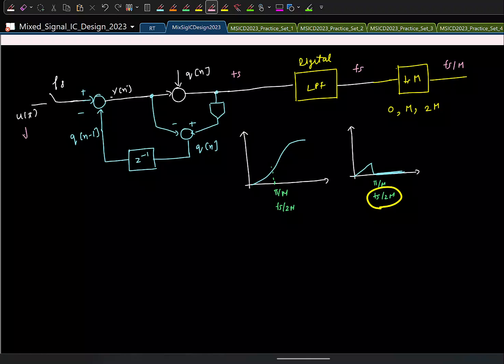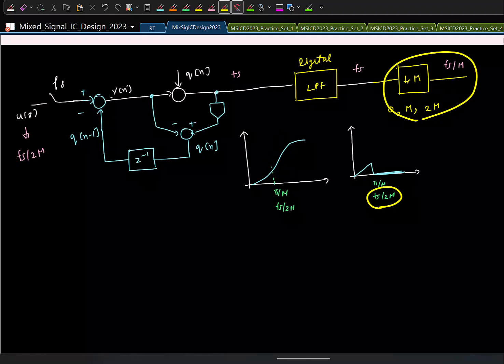So my input, if you recollect, had a bandwidth of fs by 2m. What I do is initially oversample it and then do this noise shaping. This way I push out most of the noise outside my signal bandwidth. After that, I filter it off and then bring the sampling rate back.